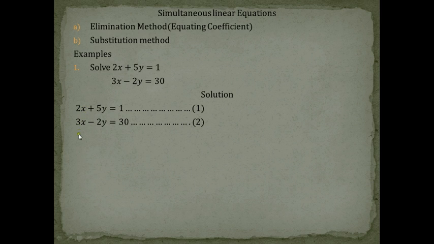That is, x is under x and y is under y. Once you make sure that they are aligned vertically, column-wise, under their own kind, the next thing you ask yourself is this: which one do I want to eliminate? Do I want to eliminate x or do I want to eliminate y?